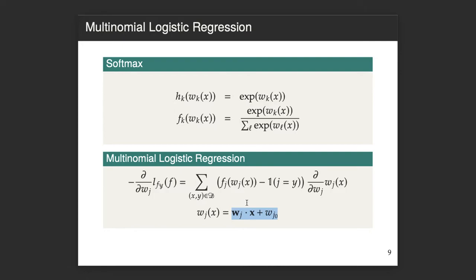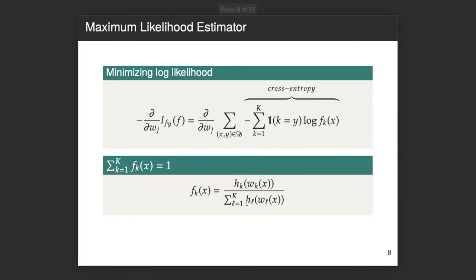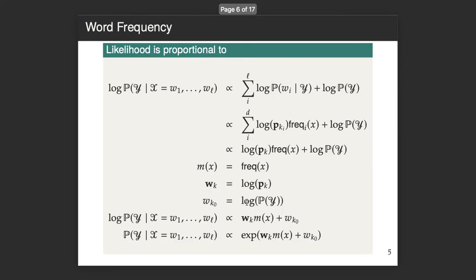Let me go back a few slides to show you the way that we represented the model when we were using Bayes' theorem. Look, here is also a linear case. We have parameters w, and we have a function m that transforms x, the text, into a vector, and we have the bias.